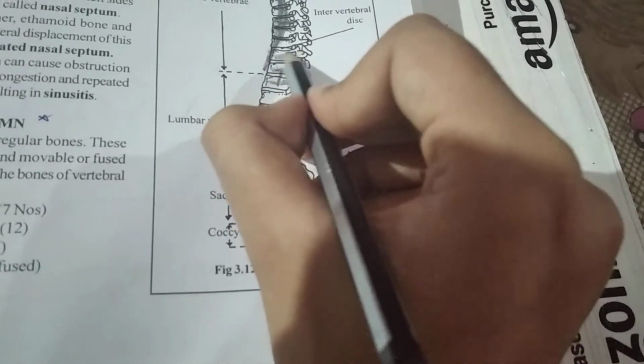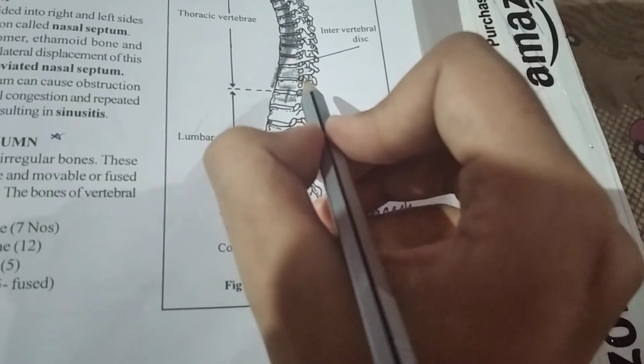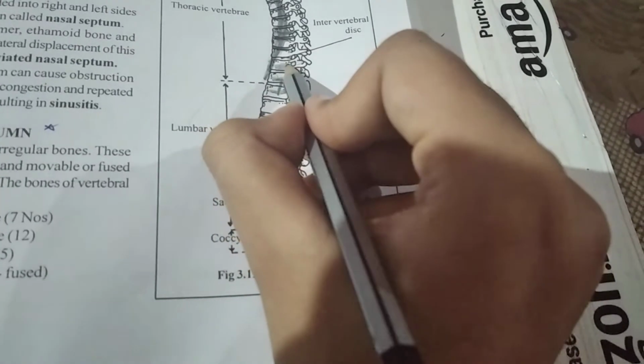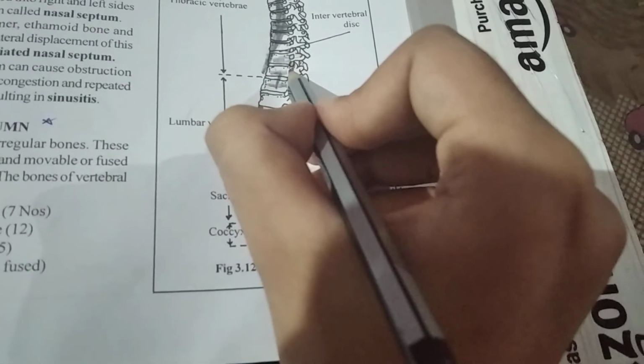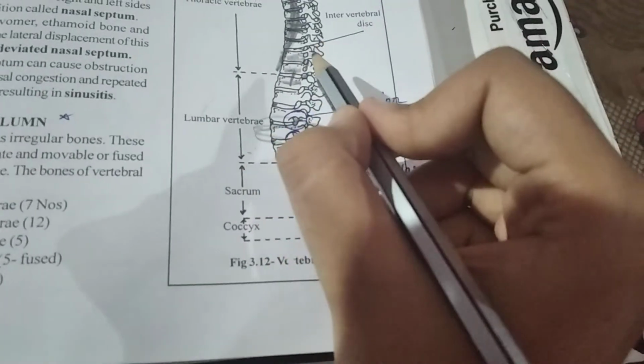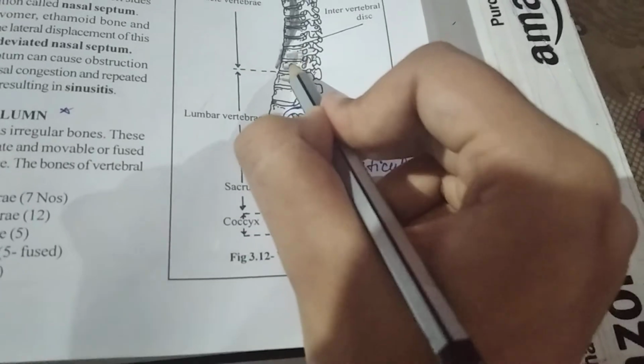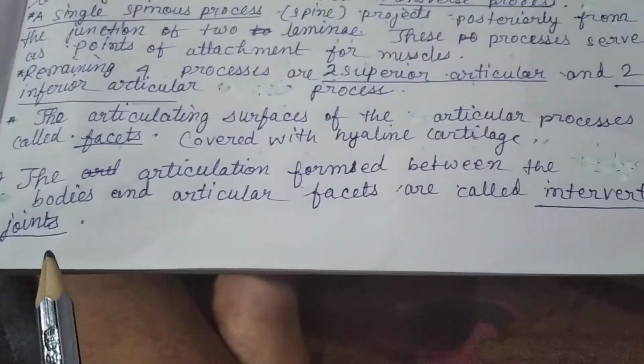This is the upper vertebra. This is the inferior articular process of the upper vertebra, and it is attached with the superior articular process of the second vertebra. This attachment and the body attachment of the two vertebrae are called intervertebral joints.